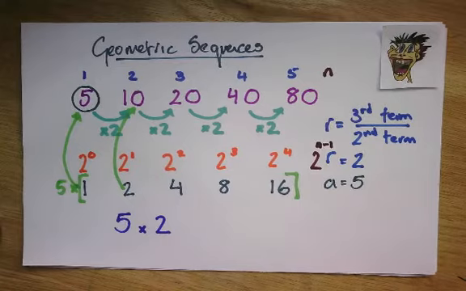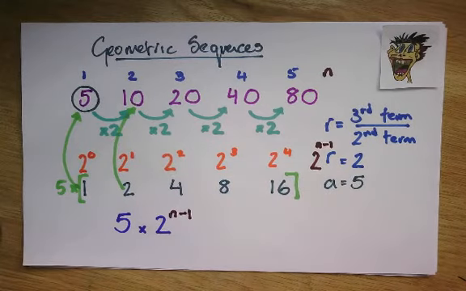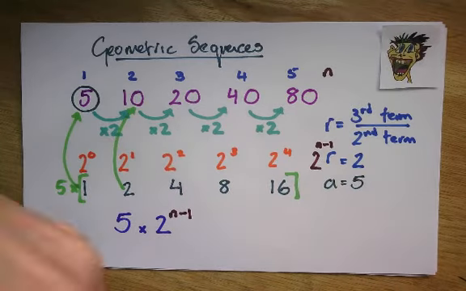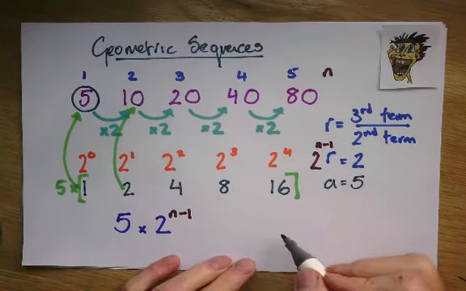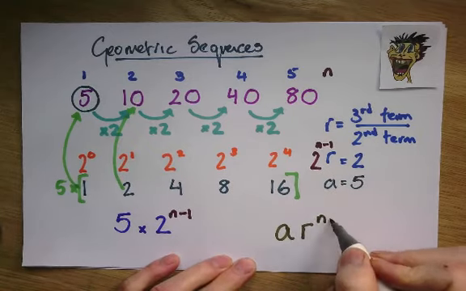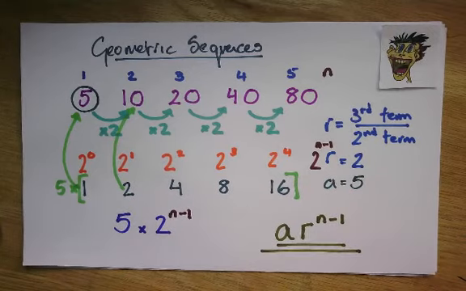Hopefully you can see n minus 1. And that's the name of this sequence. The general formula for that is this, therefore: a r to the n minus 1. And that's how you name a geometric sequence.